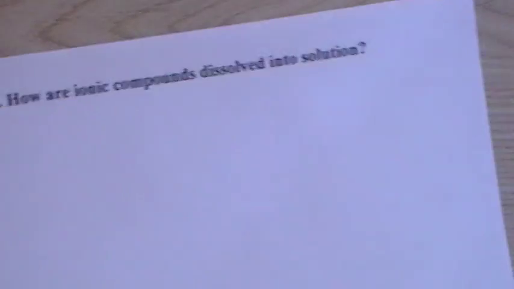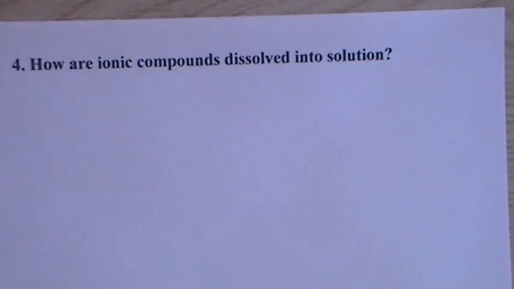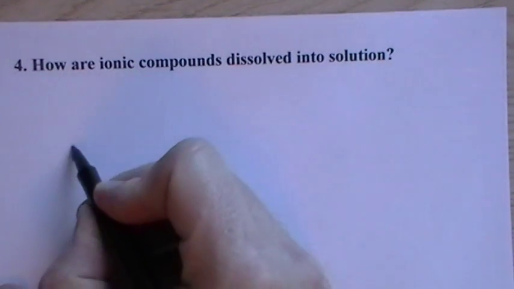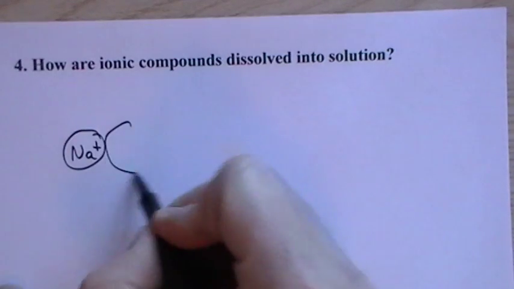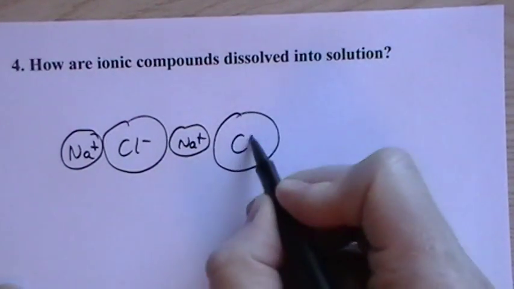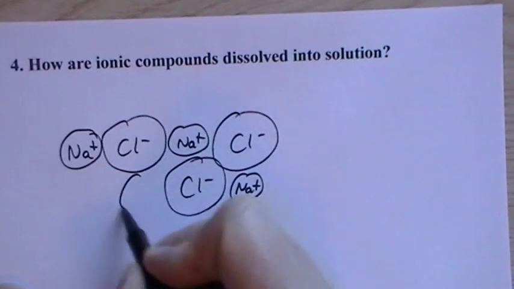Now, we talked a little bit about this, but we didn't have a name for it at the time. How are ionic compounds dissolved in solution? You have sodium chloride, say. It's very soluble in water. So it's this big lattice work of ions.